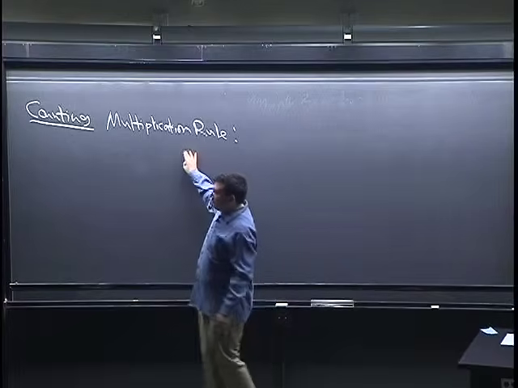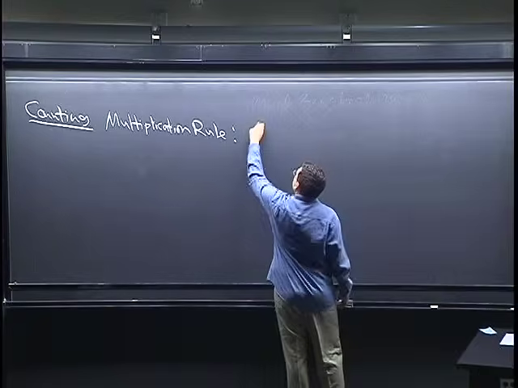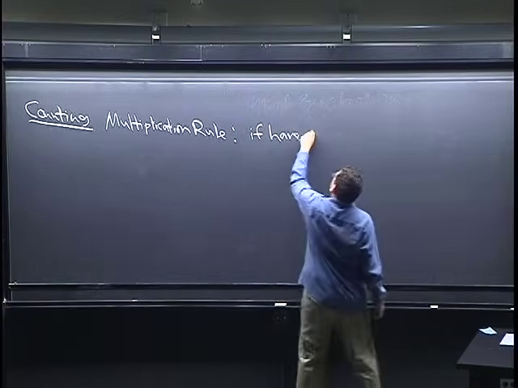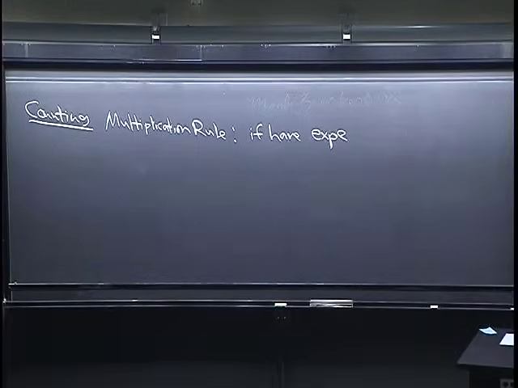The multiplication rule says that if we have an experiment, and I'm going to say this kind of abstractly because this is a general principle, and then we'll see examples of how to use this.